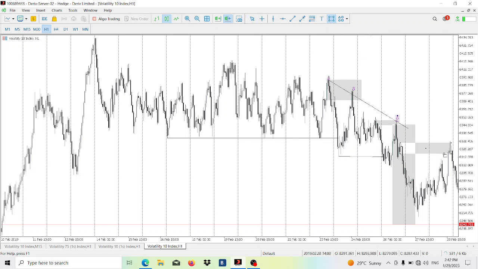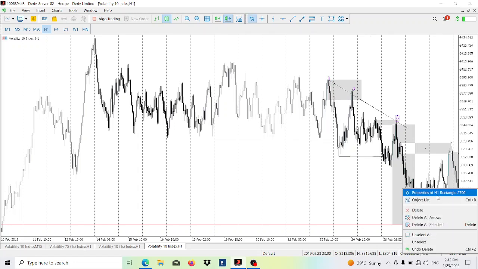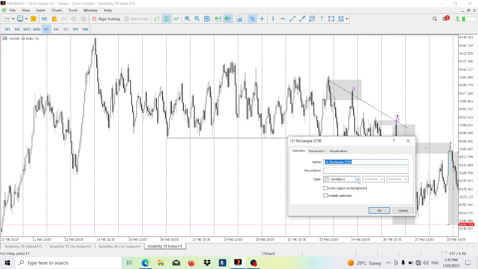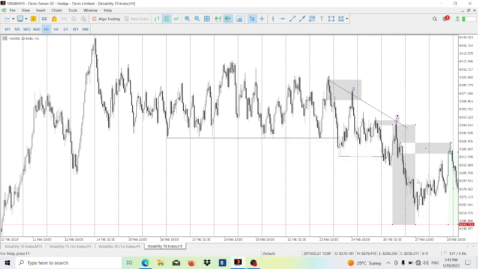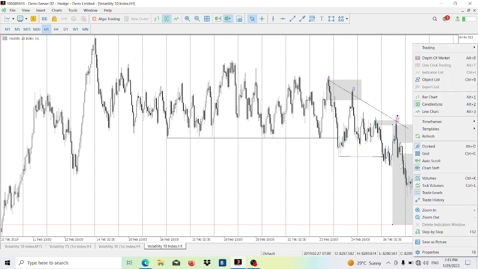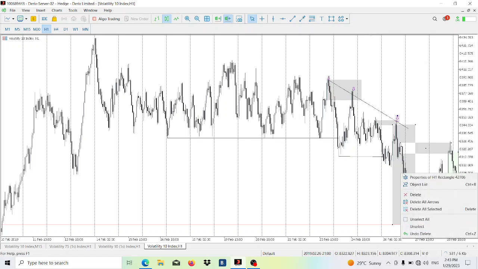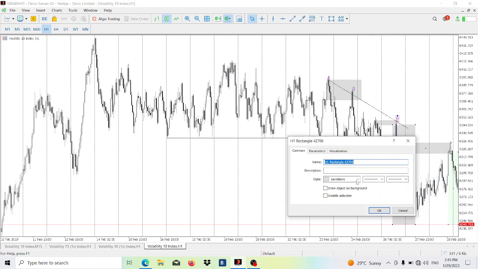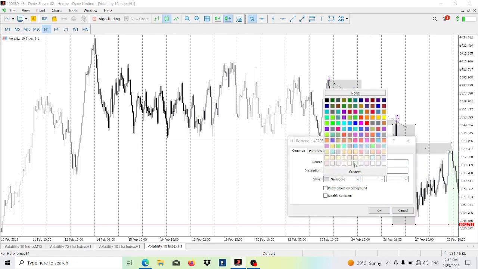You could also say, okay, since we're here, look for sell opportunities to the downside as well. Change the color, look for honeydew.